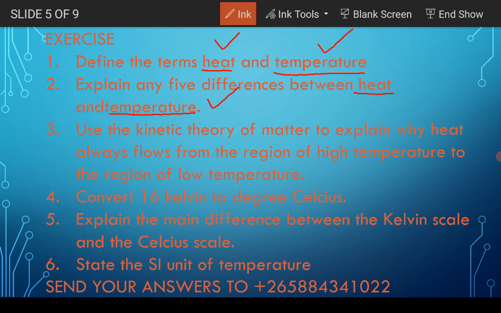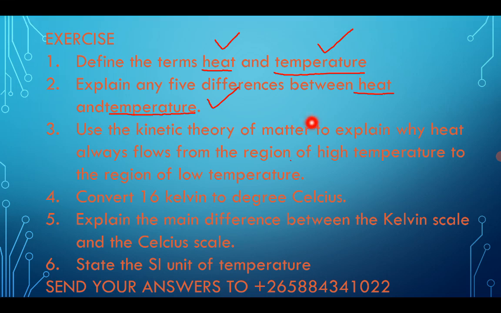Use the kinetic theory of matter to explain why heat always flows from the region of high temperature to the region of low temperature. Remember what the kinetic theory of matter states from your Form 3 physics. It states that matter is made up of tiny particles, which are in constant motion.